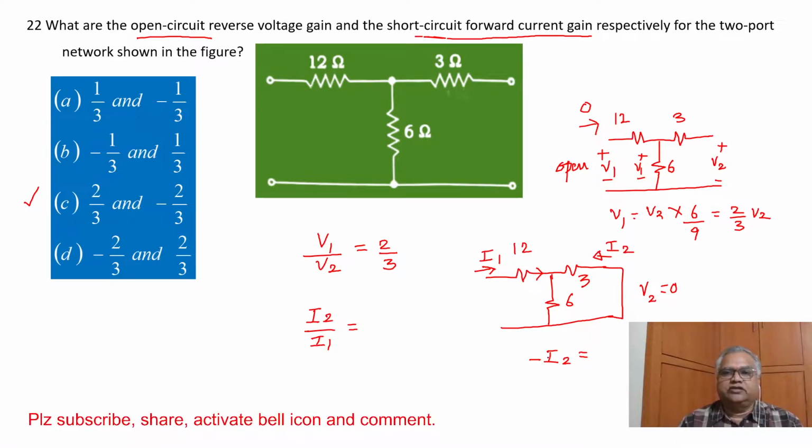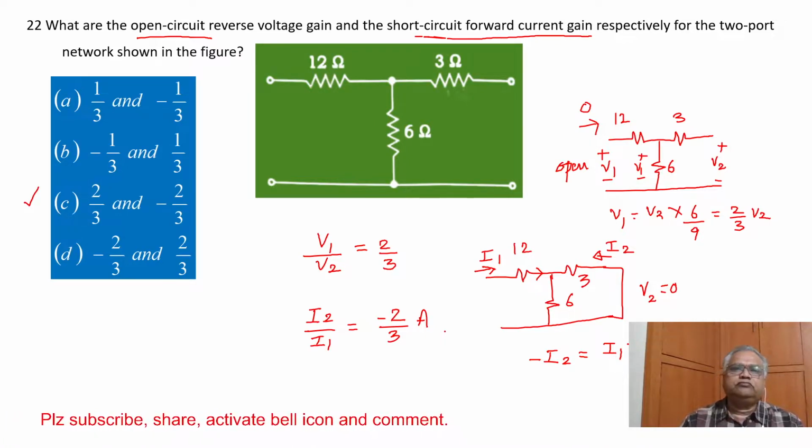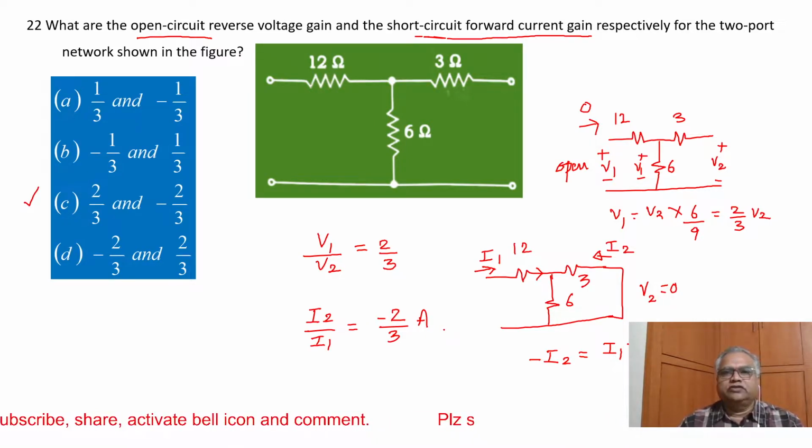And this side current is minus I2. Incoming current is I1. Opposite resistance 6 by 9. This is nothing but again 2 by 3 I1. What we want I2 by I1, so minus 2 by 3 amps. So therefore C is correct. So like this we have to answer.